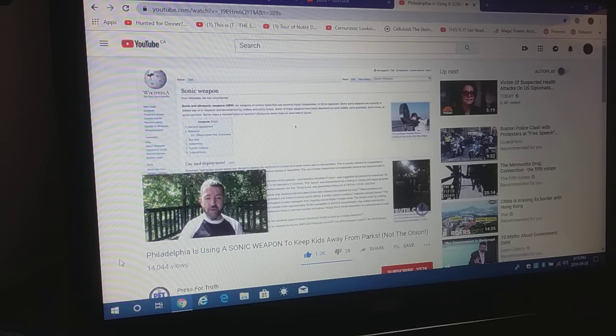The definition of a sonic weapon, according to Wikipedia anyways: sonic and ultrasonic weapons are weapons of various types that use sound to injure, incapacitate, or kill an opponent. So beaming a high-frequency pitch into a teenager's ear to annoy them, I would say, is incapacitating them. So this is indeed a sonic weapon.